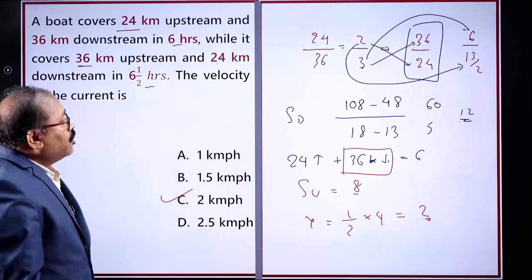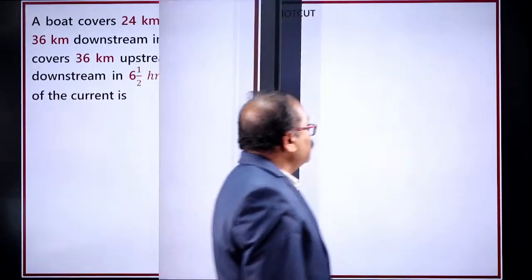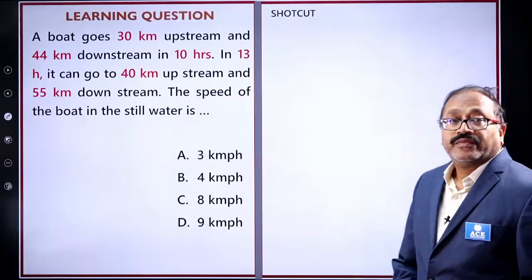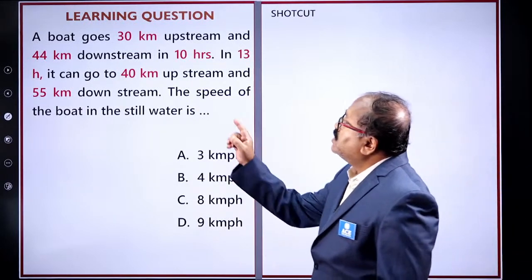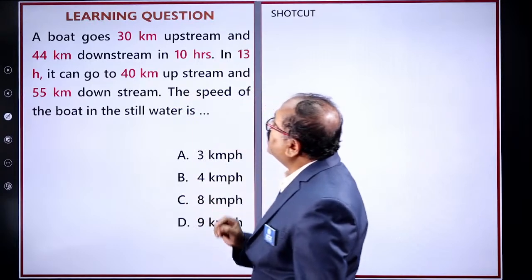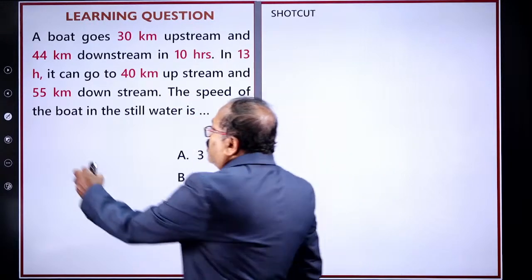Okay, now next question here. Similar type of question. A boat goes 30 km upstream and 44 km downstream, and the total time taken is 10 hours. Next one, 13 hours to go for 40 km upstream and 55 km downstream.